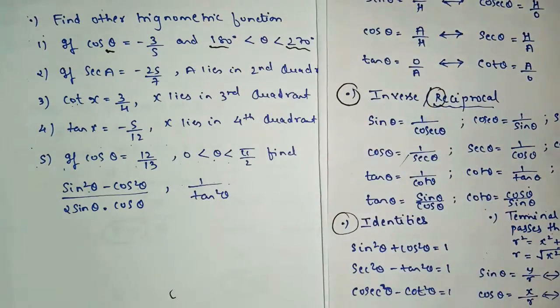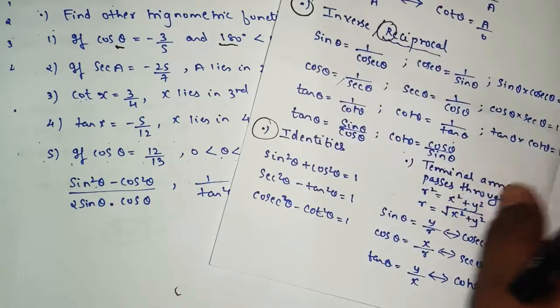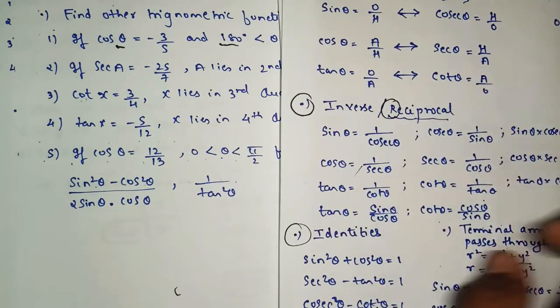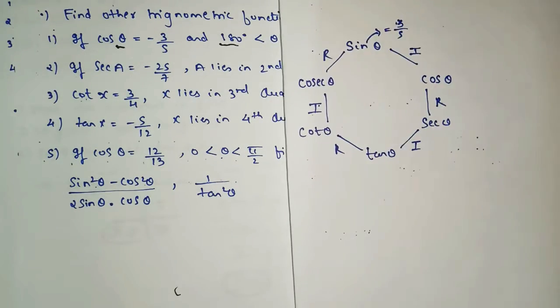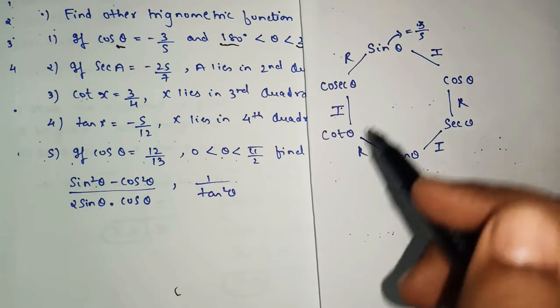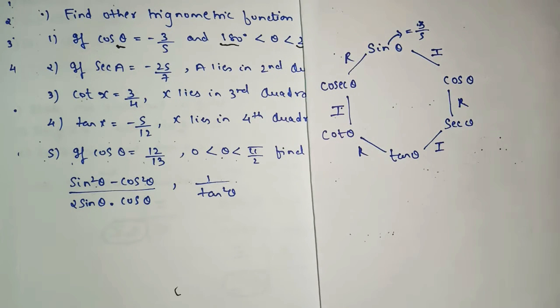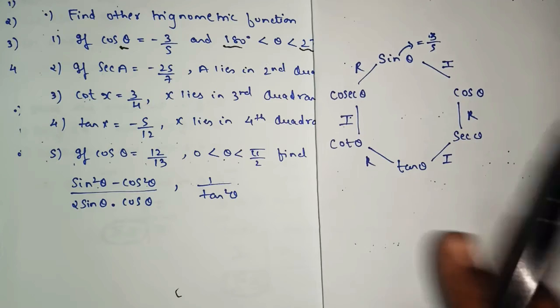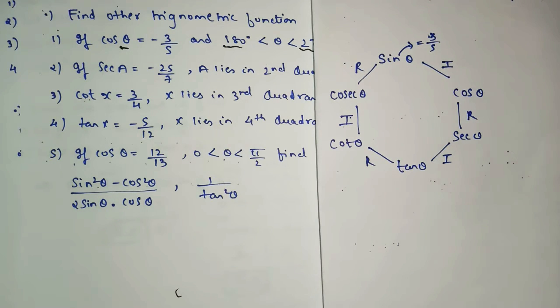So for these sums we will be using the reciprocal and identity formulas. With the help of this web chain you can easily find your answers one by one. Now let's see. Here we have the first one. It says cos theta equals minus 3 upon 5.